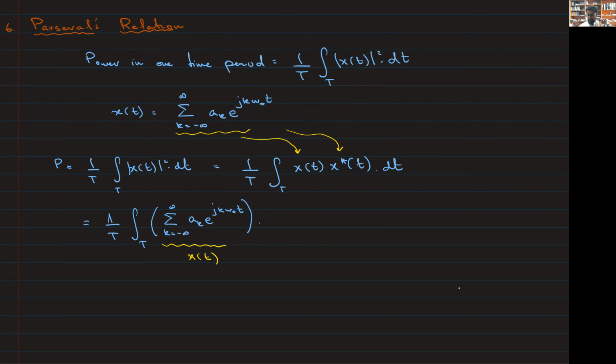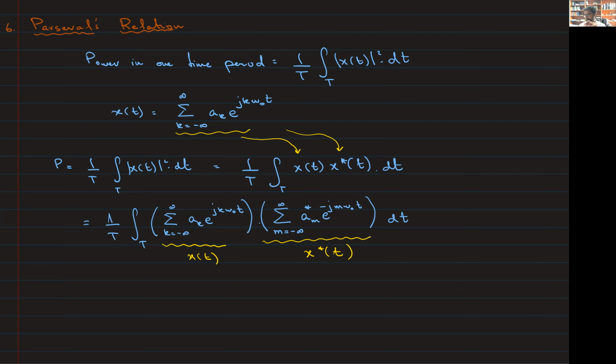What about x conjugate of t? Then I have another term, which is x conjugate of t, and in this let me use another variable for the summation and not k. The reason for that is going to become clear in a little bit. So this is a_m conjugate e raised to power minus j m omega naught t, dt. This whole thing inside the brackets is x conjugate of t. So all I've done is plug in x of t here and x conjugate of t here. Any questions here before I move ahead?